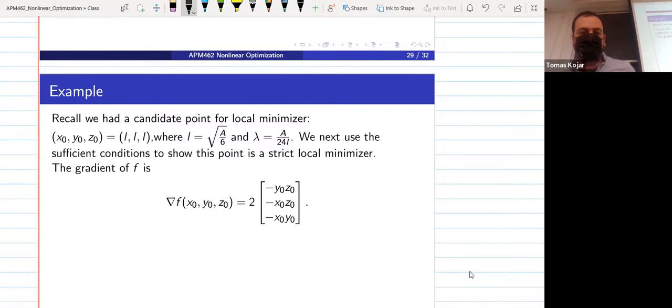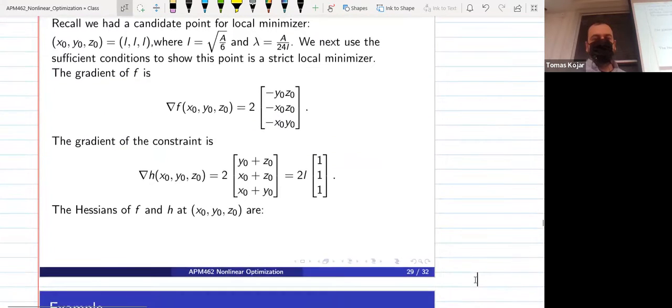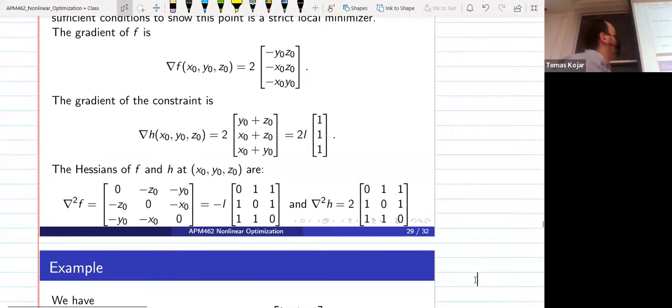F is the volume, so xyz, and this is the gradient of the constraint. Now I need the Hessian, because we're going to check positive definite. This is the Hessian, and then you evaluate at the point x naught, y naught, z naught, so this is L, L, L. So you get this matrix, and we do the same for the constraint, because we have a constraint of a surface area.